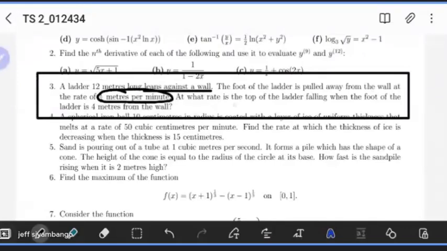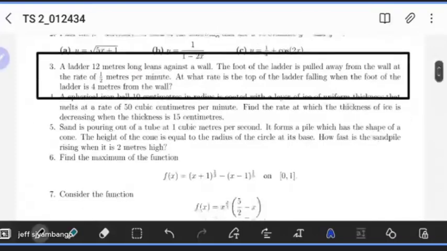At what rate is the top of the ladder falling when the foot of the ladder is 4 meters away from the wall? Now, this is a little bit complex, but it just requires you to understand exactly what is happening.